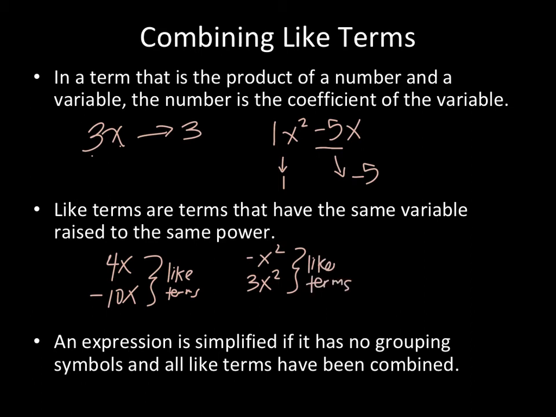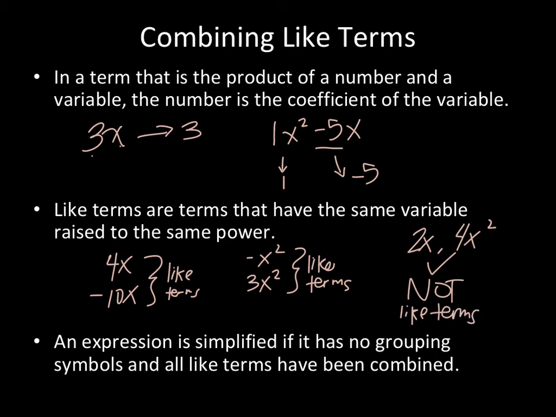So when you think of 2x and 4x squared, these are not like terms. They have to have the same exponent to be like terms. So same variable to the same exponent.